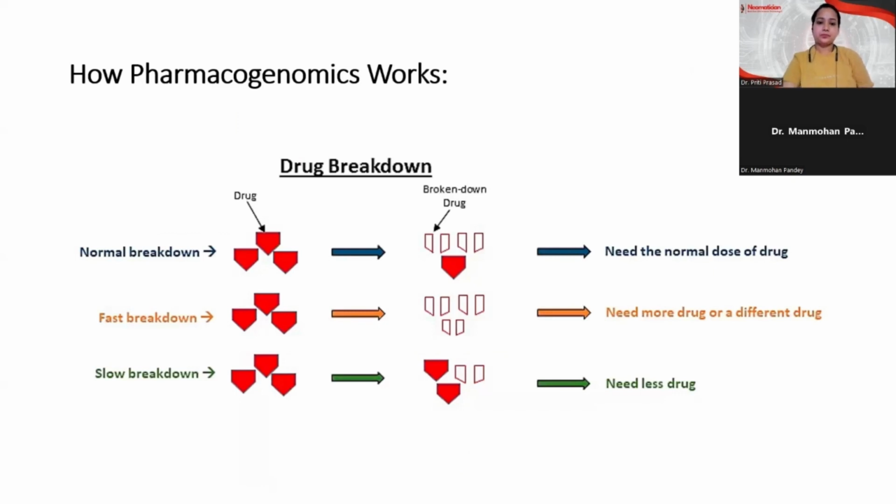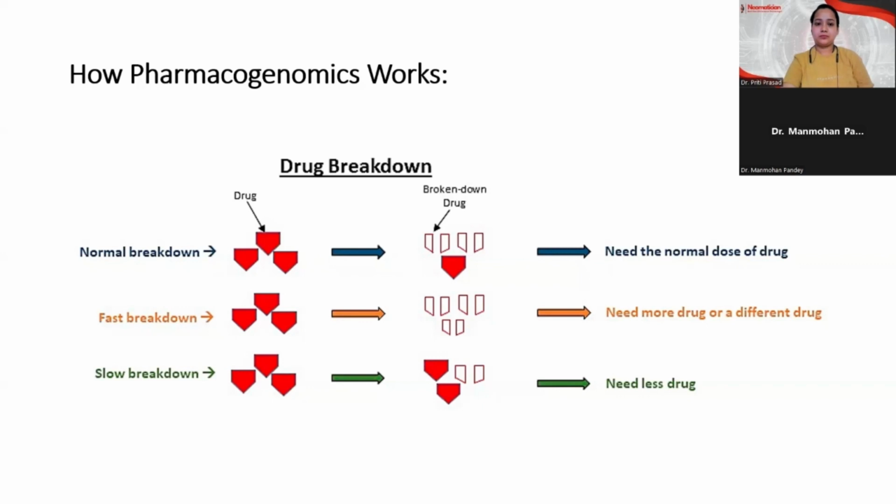I've already given some glimpse of how pharmacogenomics works. Normally we have different metabolizing enzymes, absorbing enzymes, distribution enzymes, and excretion enzymes. This is the working of a metabolizing enzyme.